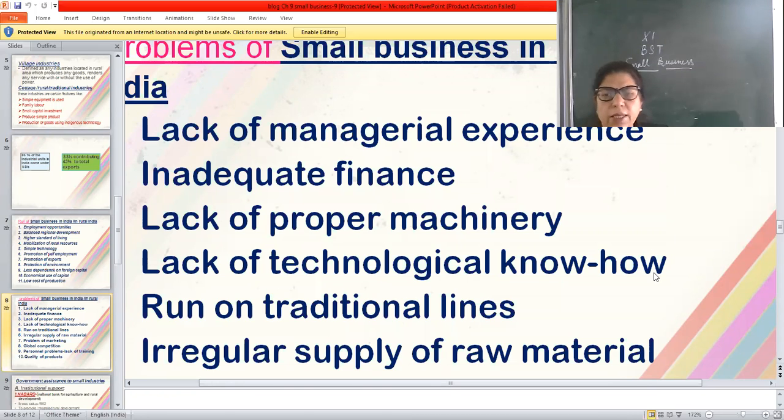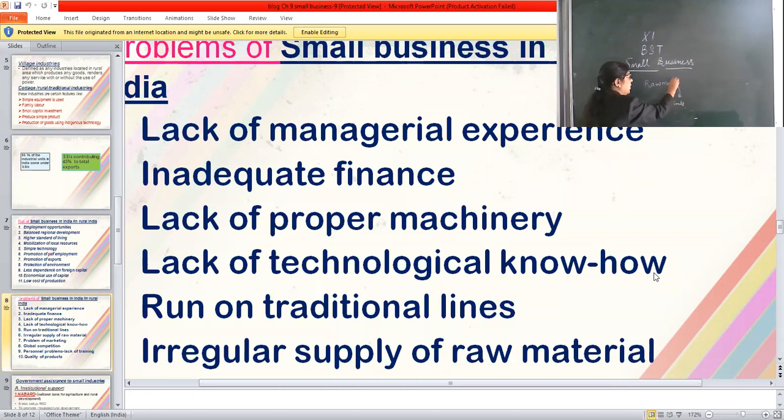So irregular supply of raw material means they have always faced the problem of raw material. See, if they don't have raw material in appropriate quantity or quality, they are unable to produce finished goods. This is the vicious circle we can see. Okay, look at the screen. If they are not getting raw material of good quality, they are unable to produce finished goods.